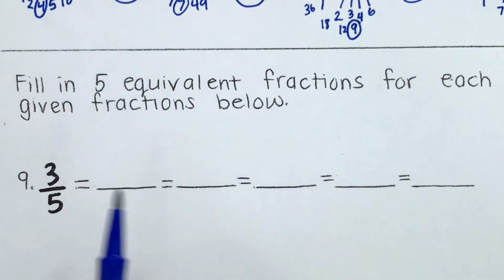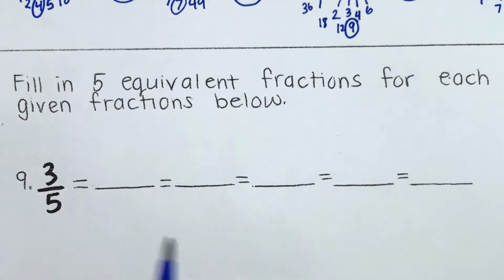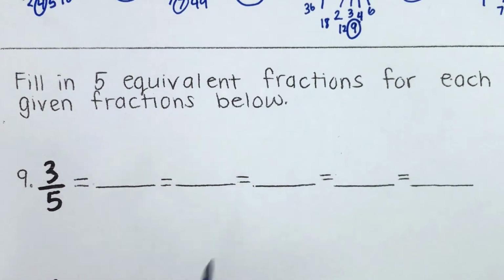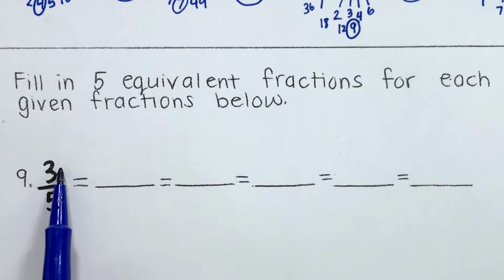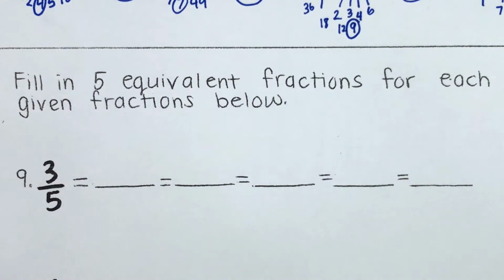The secret to equivalent fractions, as you should know by now, is that as long as you multiply your numerator and you multiply your denominator by the same number, you'll end up with an equivalent fraction. Now you can just go ahead and multiply by 2, then multiply by 3, 4, 5, 6, and so on. Or you could do any number you want.